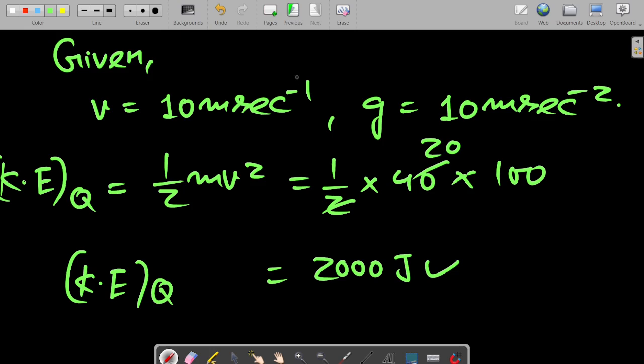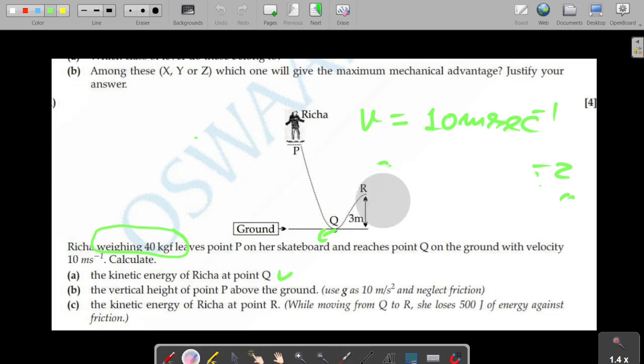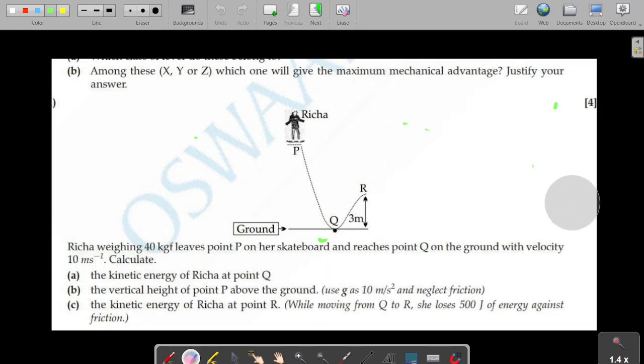So now come to the second part. In the second part, we have to determine the vertical height of point P above the ground. This height h we have to determine.